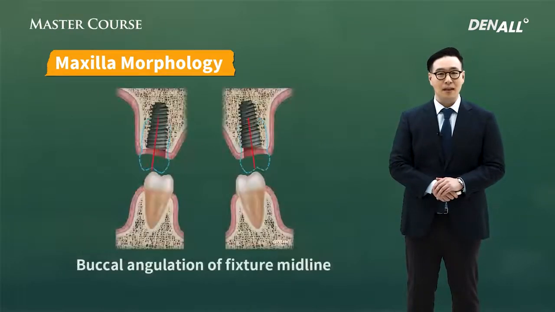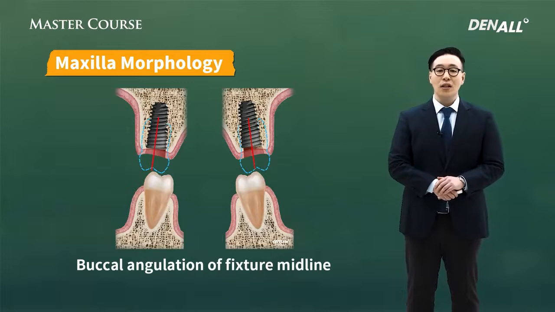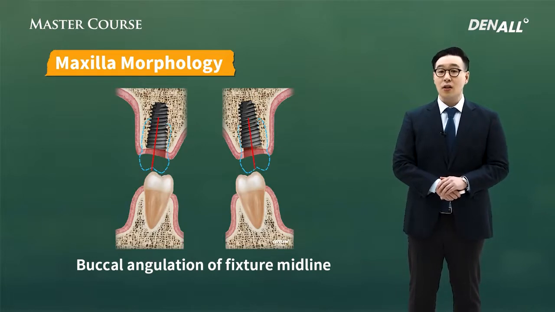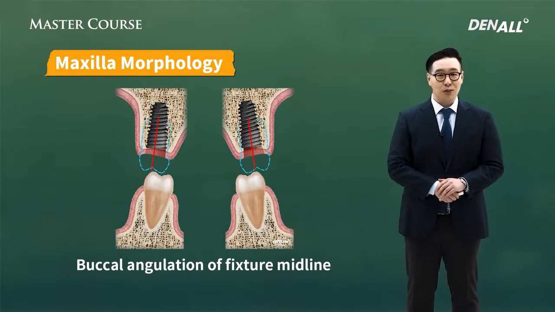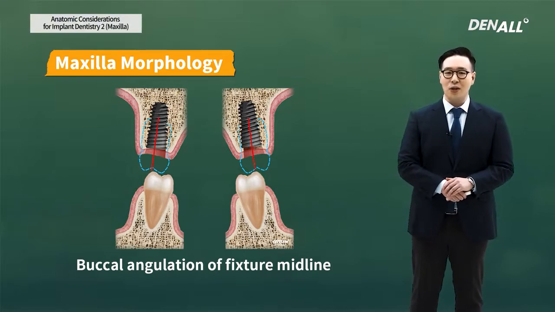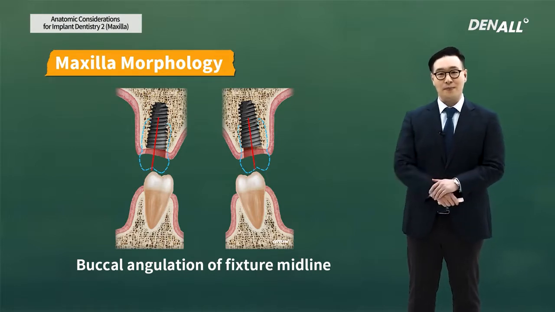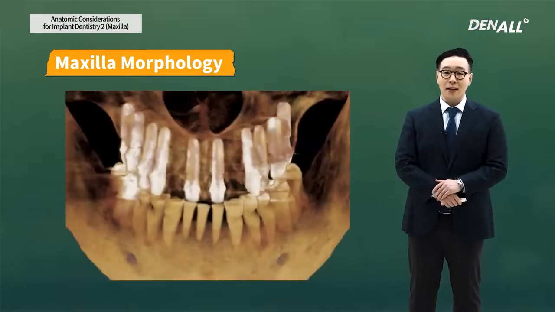And this is what you see on the axis, and on the buccal extension, on the upper posterior side, the midline exists. If there is a missing tooth here and you want to do implant restoration, then considering the opposing tooth, you have to make buccal angulation.